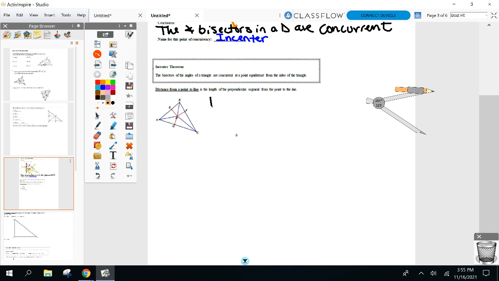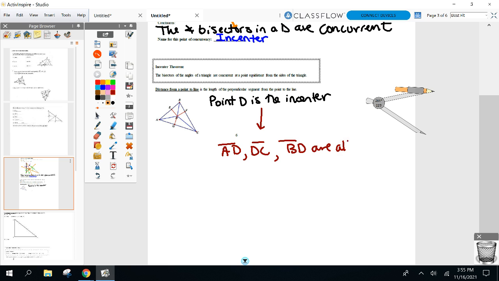If I tell you point D is the incenter, there are a couple things you should be able to tell me here. First thing you should be able to tell me is that AD, DC, and BD are all angle bisectors.